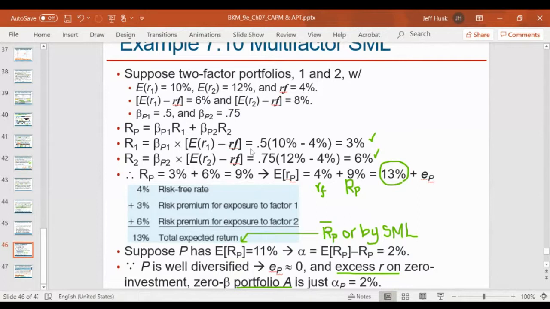Can that happen? Yes, of course. We are short selling the component portfolios that make up this bigger portfolio.